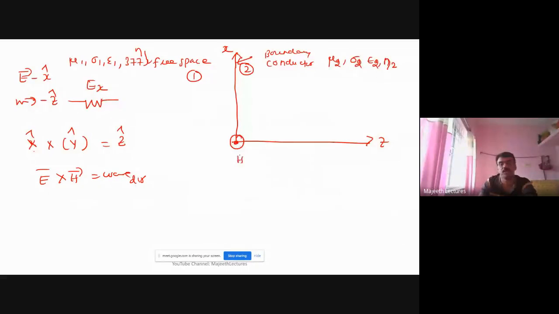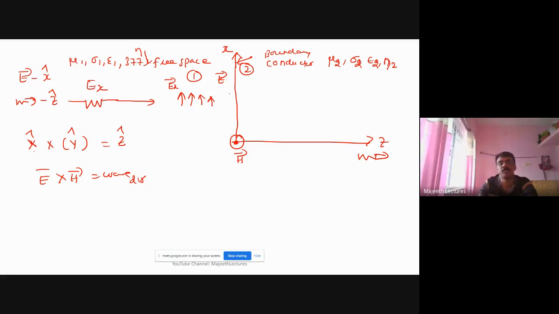This is H, here it is E, here the wave goes. So when the wave propagates like this, it has only an x component, Ex.